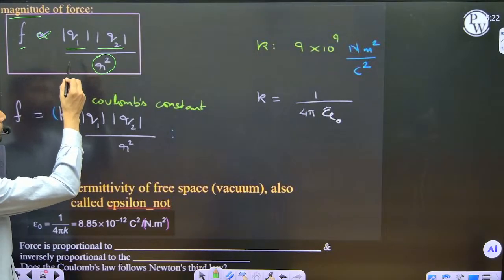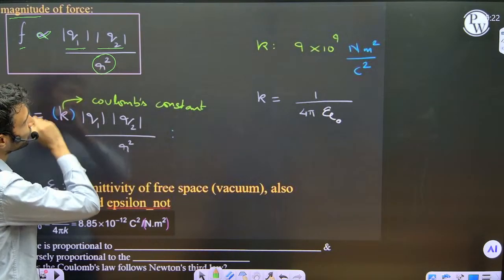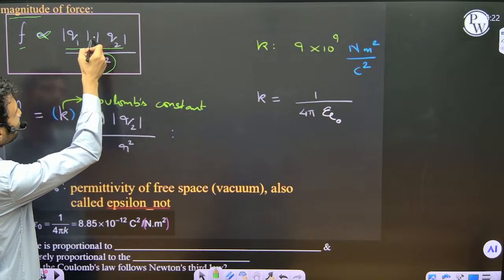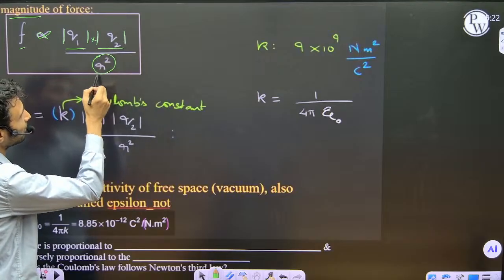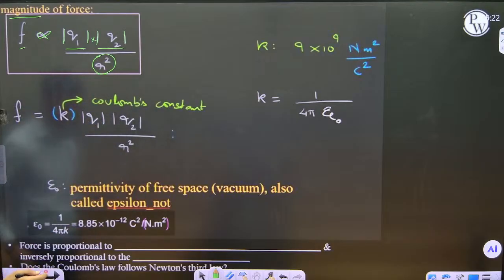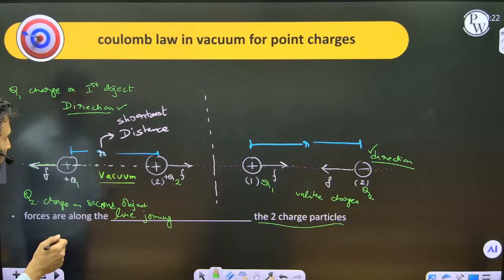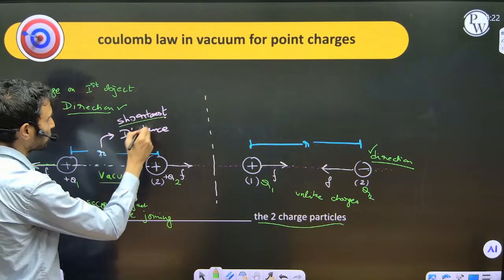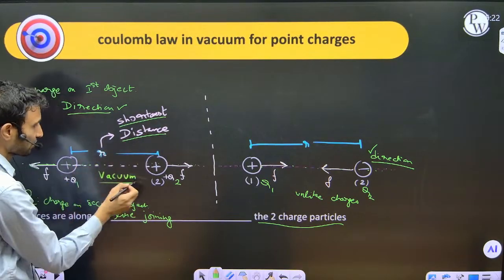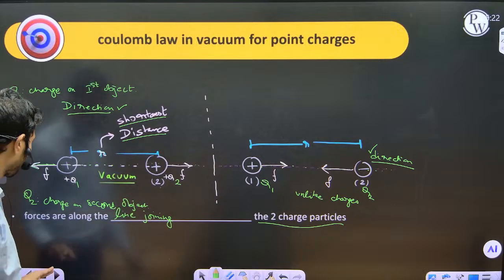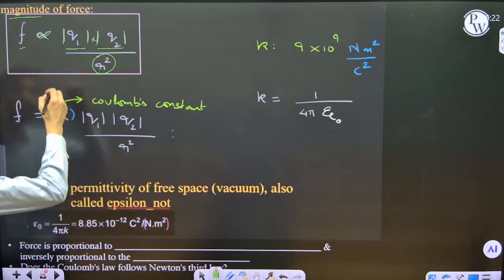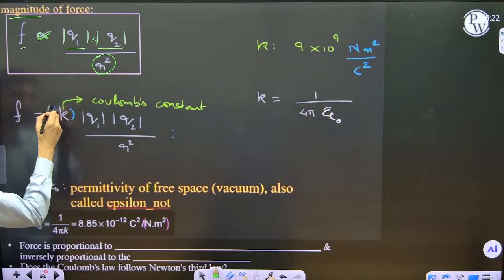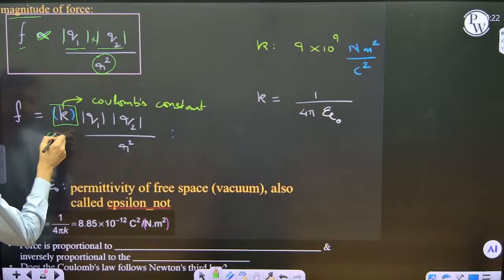So force is proportional to the product of the magnitude of the charges, divided by the square of the distance. r is the shortest distance between q1 and q2. And since the force is proportional, there has to be a constant of proportionality.